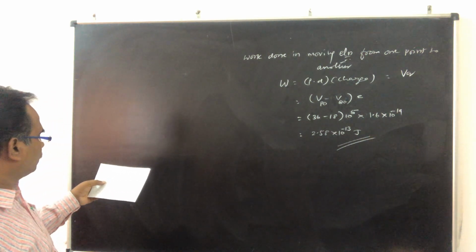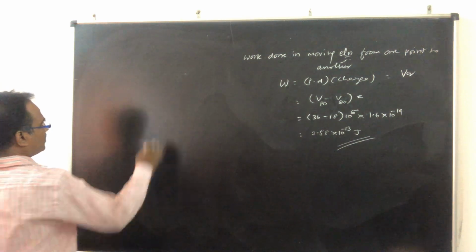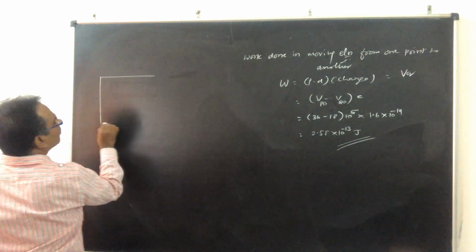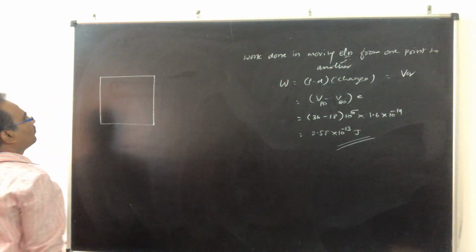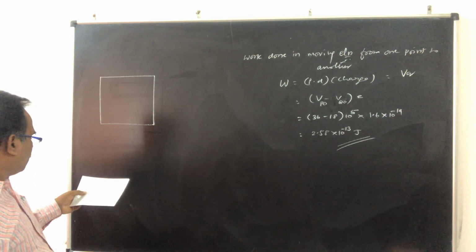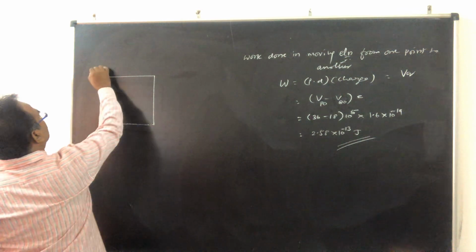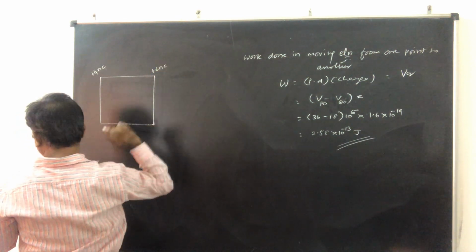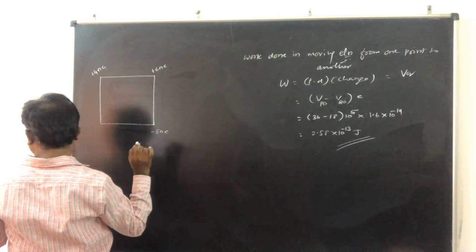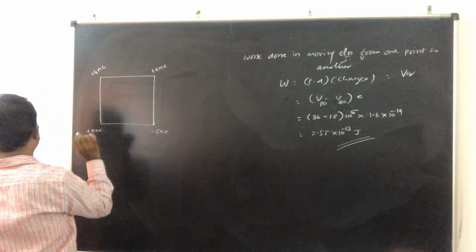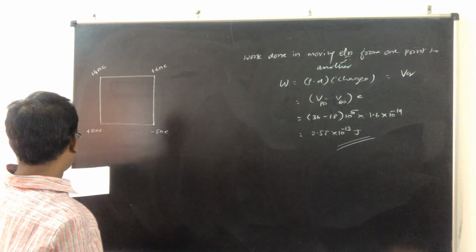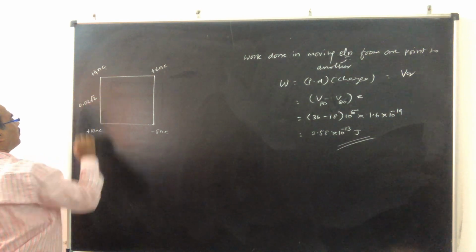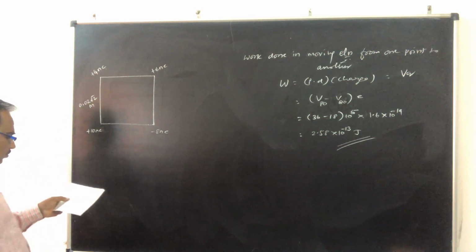Here, in this fourth problem, it is given that there are point charges of plus 4 nanocoulomb, plus 6 nanocoulomb, minus 8 nanocoulomb, plus 10 nanocoulomb placed at the corners of a square of side 0.02 root 2 meter.